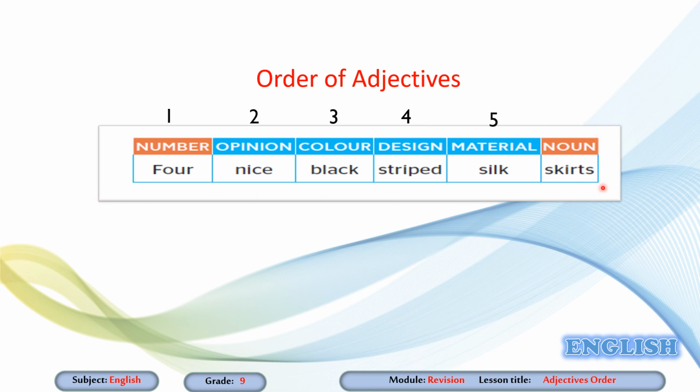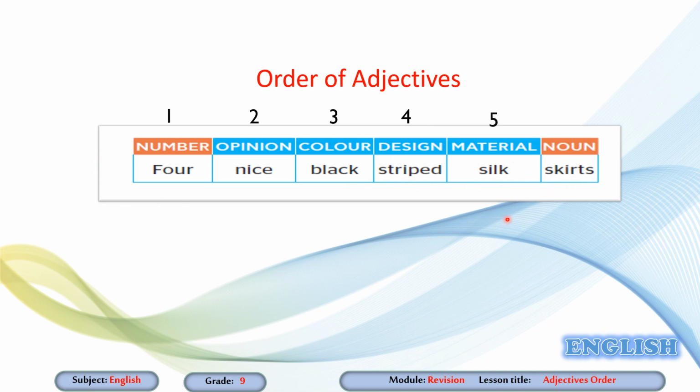Let's have a look at this example. Four, which is number, nice, which is opinion, black, which is color, striped, which is design, silk, which is the material, skirts. Four nice black striped silk skirts.